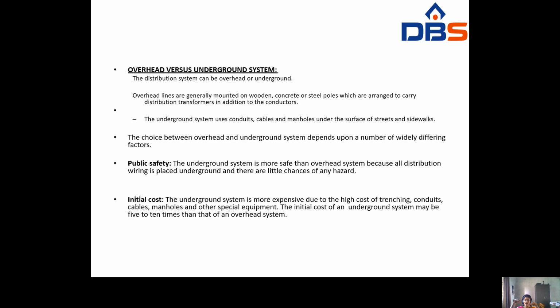To place the cables underground, you have to first trench the earth. Conducting cables, manholes and other special equipment will be required for the underground system. The initial cost of the underground system may be 5 times more than that of an overhead system.